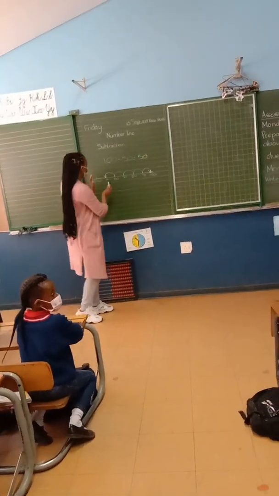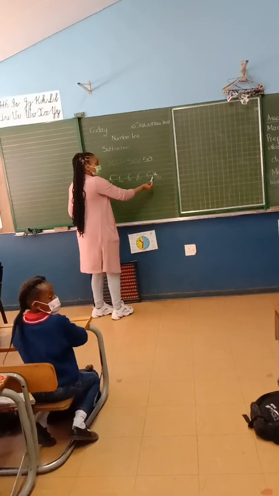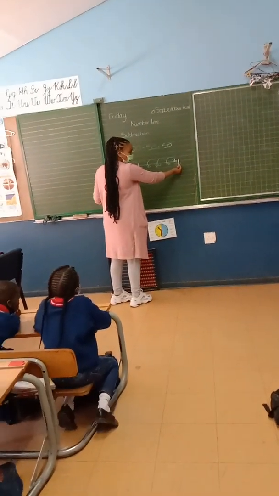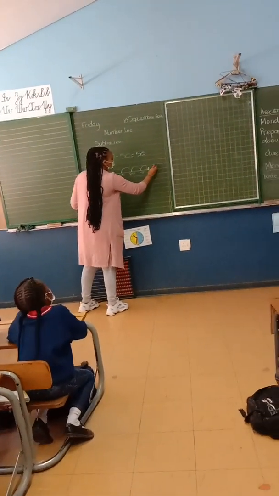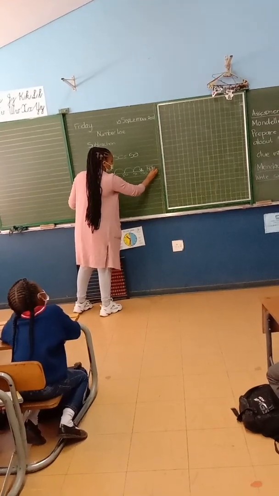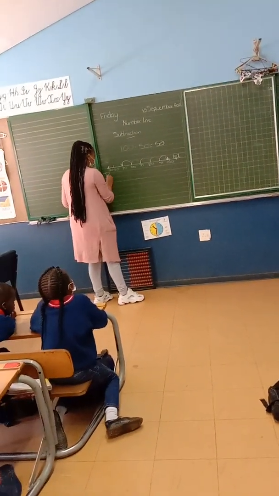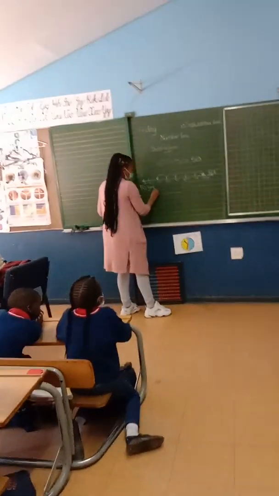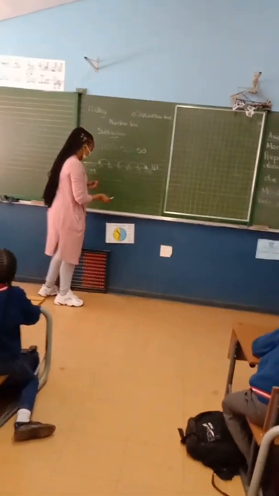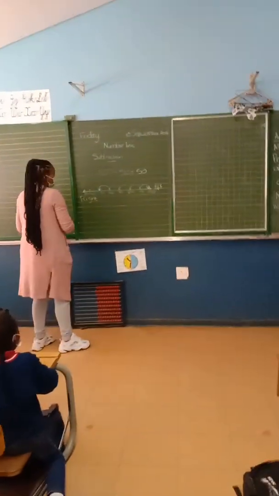You see now when you minus it, you started from 100, you started from the left side. When you're subtracting, you start from your left, going to your right. Okay?